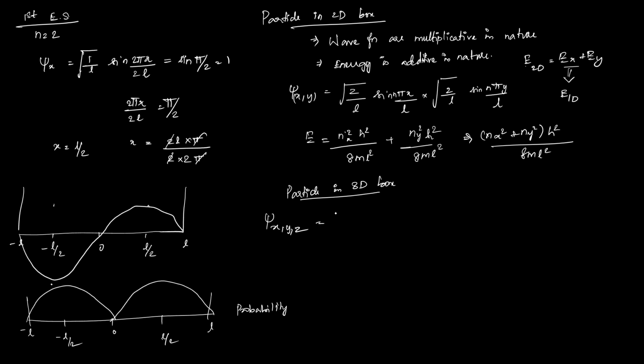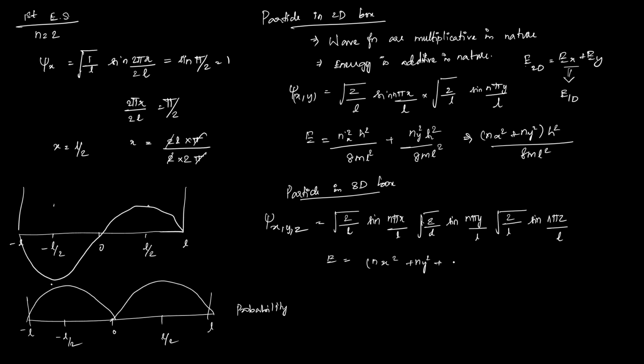The wave function is root 2 by L sin n pi x by L into root 2 by L sin n pi y by L into root 2 by L sin n pi z by L. Again the energy, in short, is n x square plus n y square plus n z square into h square by 8 m L square.